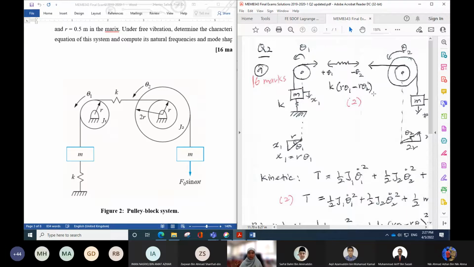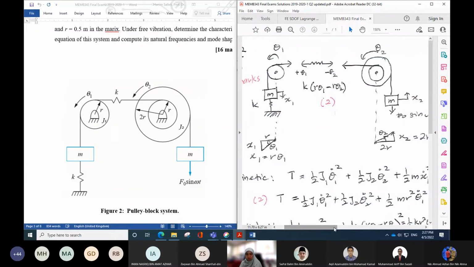So think of it physically, okay, what happens to your mass here and your spring. Your mass here is x1, and this mass is also x2. So you always have to think of it physically, what happened to the system.